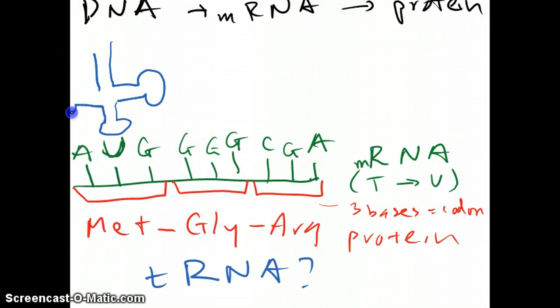You don't actually have to know the structure of tRNA, but tRNA will have an amino acid on top and an anticodon on the bottom.